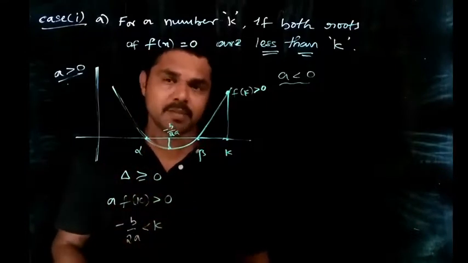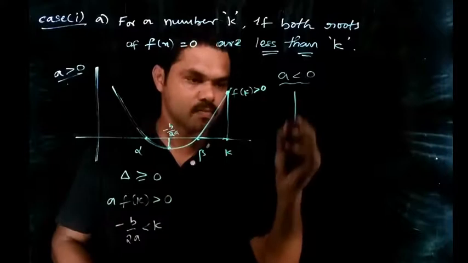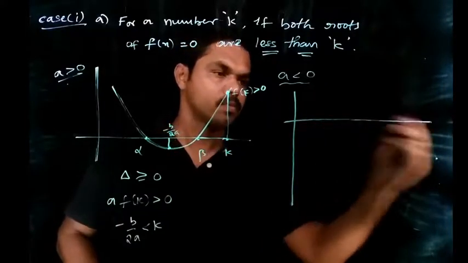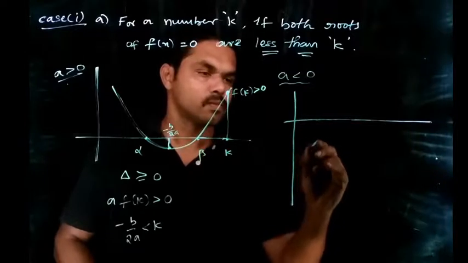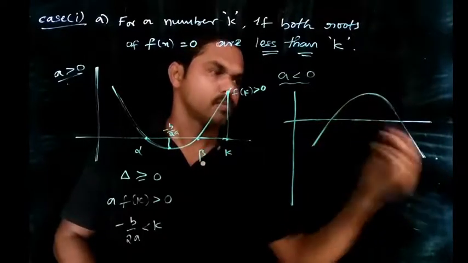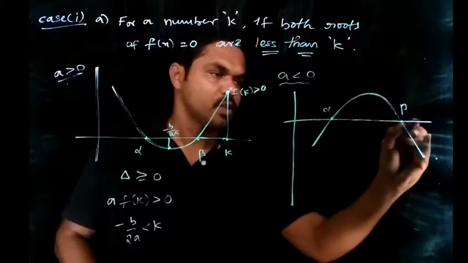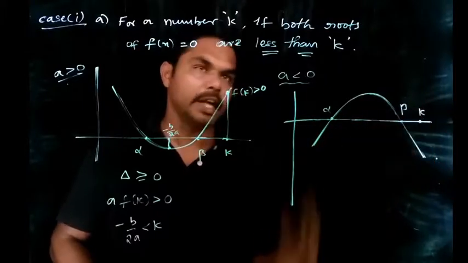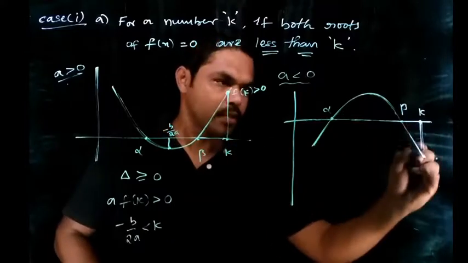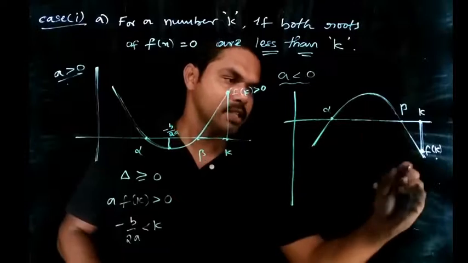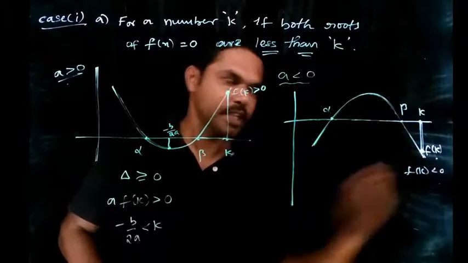Let me explain the other case also. This is alpha and this is beta. If you take k here, according to the statement, you will get f(k) here. Below the x-axis, f(k) is negative.